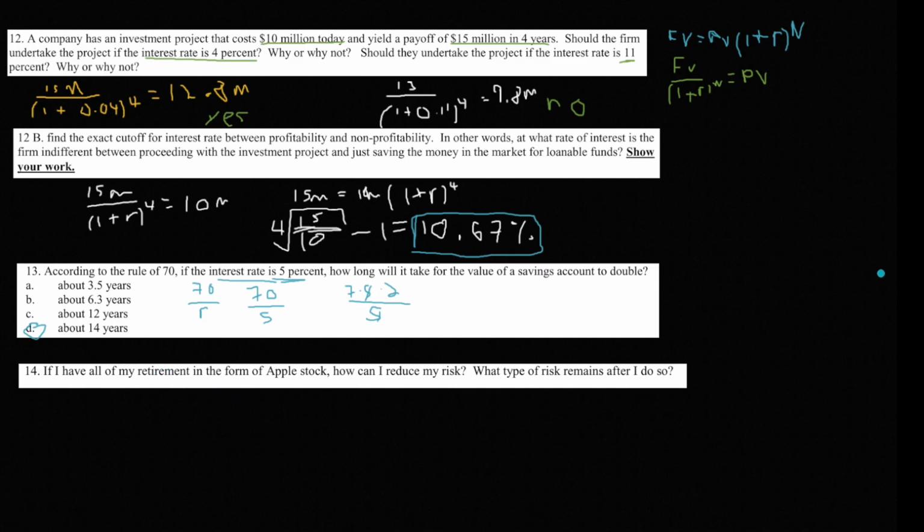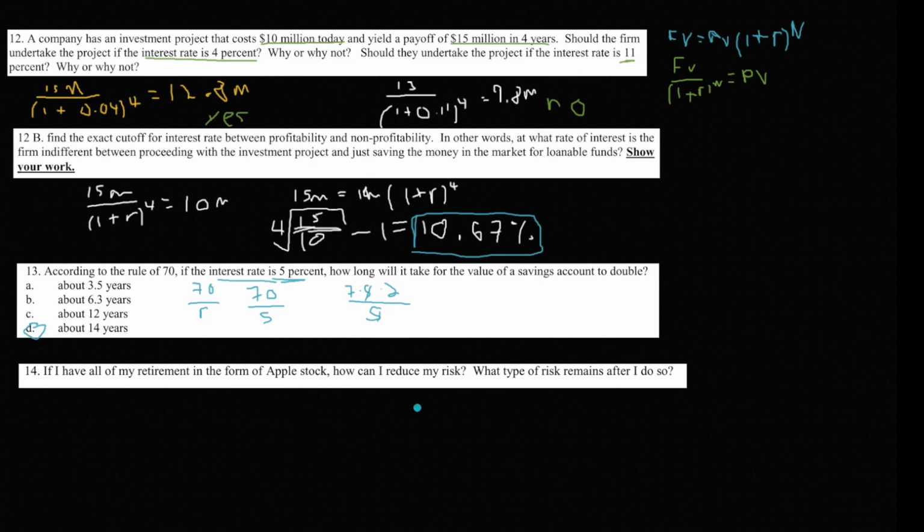Alright, if I have all of my retirement funds in Apple stock, how can I reduce my risk? Well, you can invest in mutual funds, which are just funds across the board with some in tech, some in beauty, some in fast food, just all over the board.